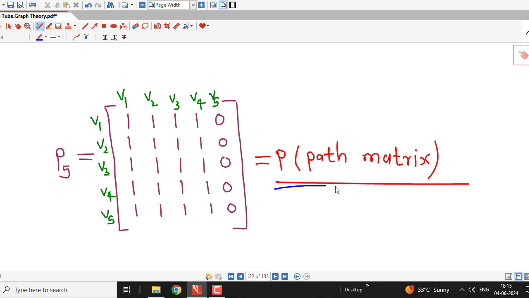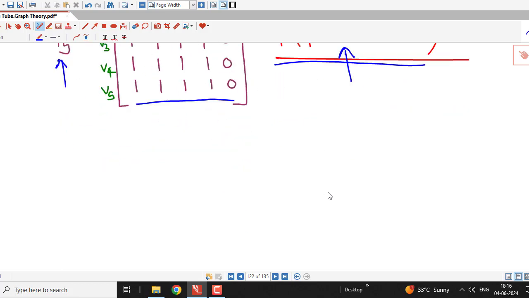I hope this is enough to explain these matrices, how we are writing entries of each matrix using the preceding matrix, or the matrix just obtained before that matrix. And this algorithm is known as Warshall's algorithm to obtain the path matrix using the adjacency matrix.